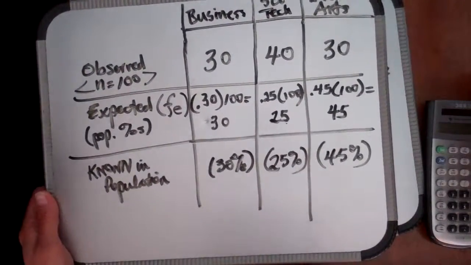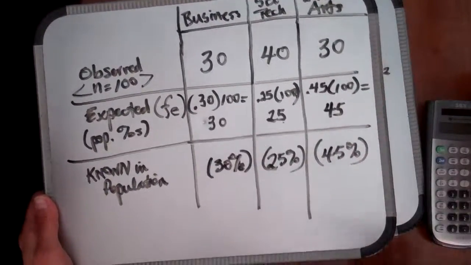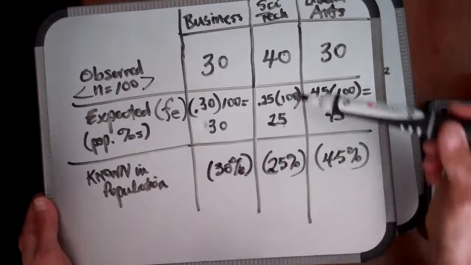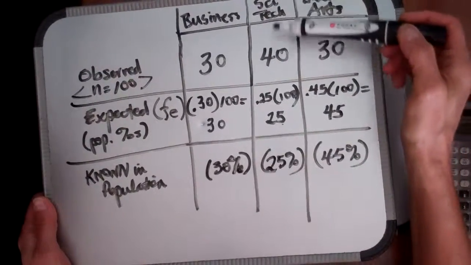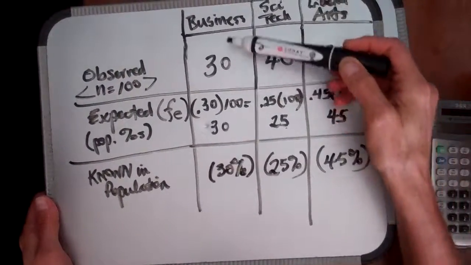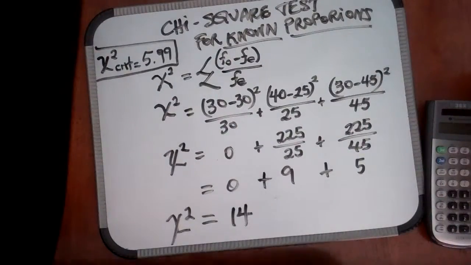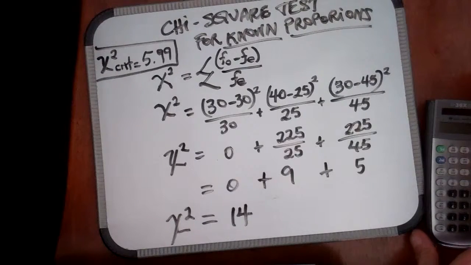Now, of course, you always have to return to your raw data and examine where the differences lie. In this case, the differences obviously are in science and technology and liberal arts, because those in business are exactly the same. That's an example of the calculation for chi-square goodness of fit for known proportions.